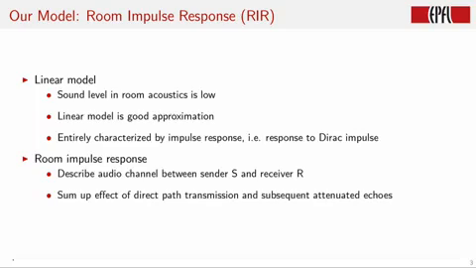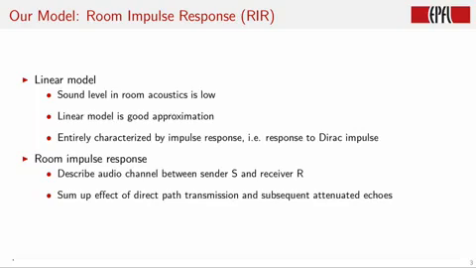From our explanation, it seems that sound propagation is a fairly complex phenomenon, involving the superposition of a signal and its different echoes, such that the derivation of a model might not be very simple. Nevertheless, in room acoustics, sound levels are low, such that a linear model is a good approximation.